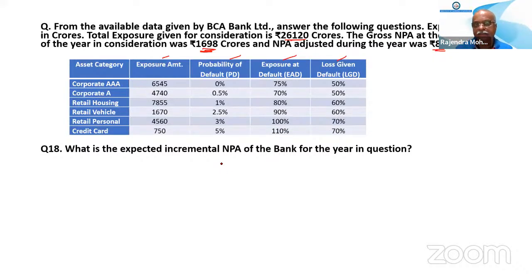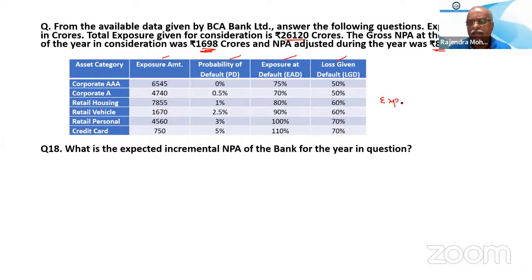I have explained it in the theory class. If you remember, you can do it. Probability of default into EAD into LGD. Okay, so what will be the NPA in this current year? For that, the simple thing is, what is the outstanding balance?